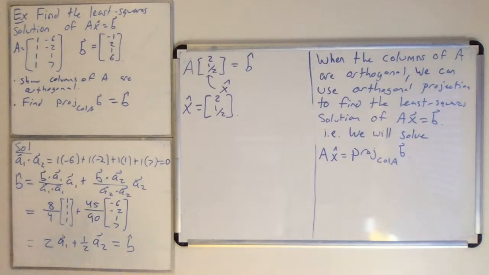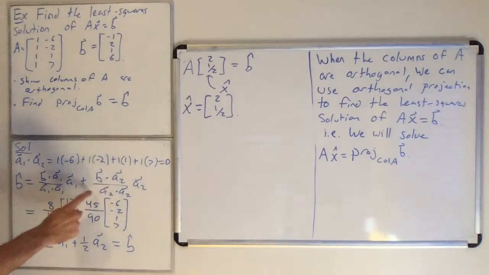So in general, if A has columns that are orthogonal, B dot A1 over A1 dot A1 gives us the first entry of our least squares solution.